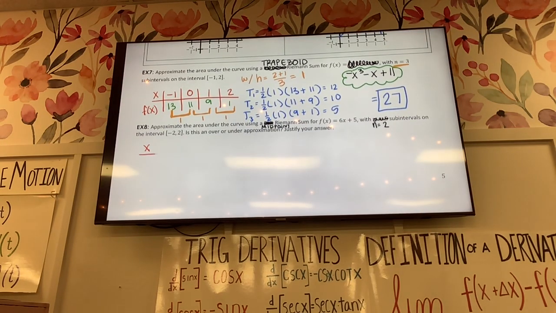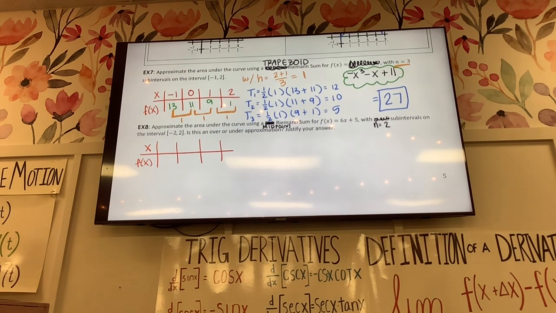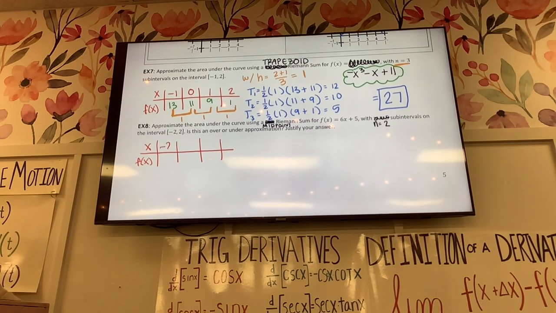I'm kind of a table person. Visually, that works in my brain. If graphing works better in your brain, graph. And so I'm going to list my interval numbers. I'm starting at -2 and I'm going to go to 2. So -2, -1, 0, 1, and 2. So that's coming from my interval numbers right here. That's kind of how I know what x values to use for my table.